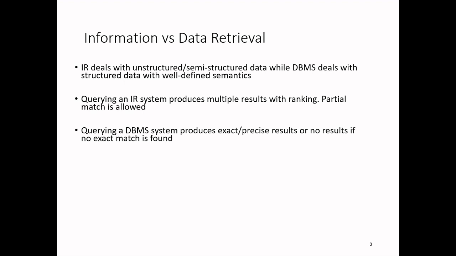That is, if your query does not match with anything that is stored there, you will not get any result. Otherwise, you will get exactly matching result with your query. All right, there's no question of getting multiple results with ranking and all. All right, so that's a difference.